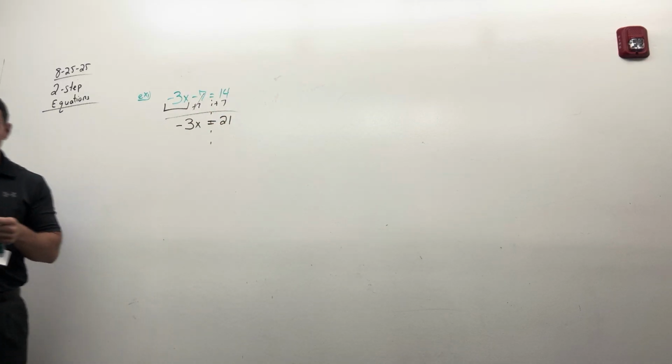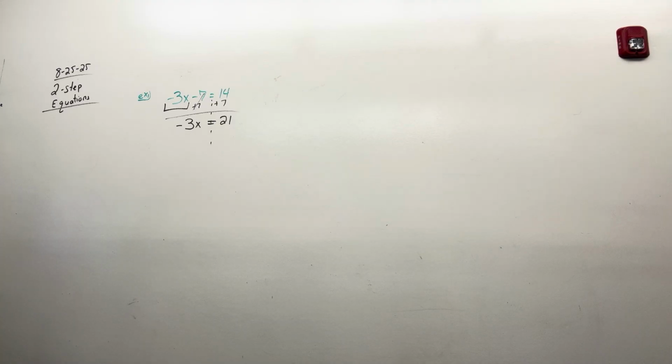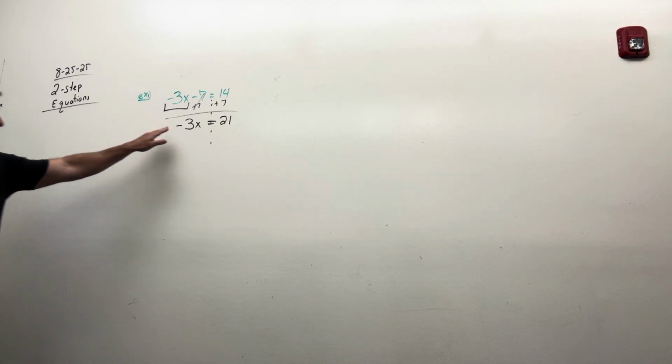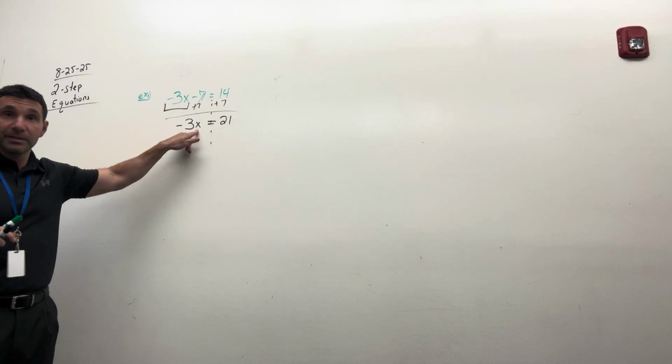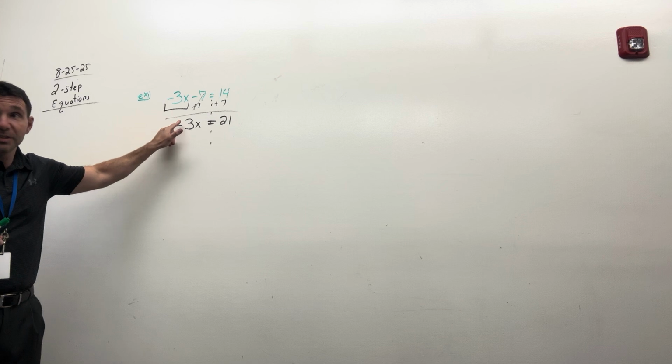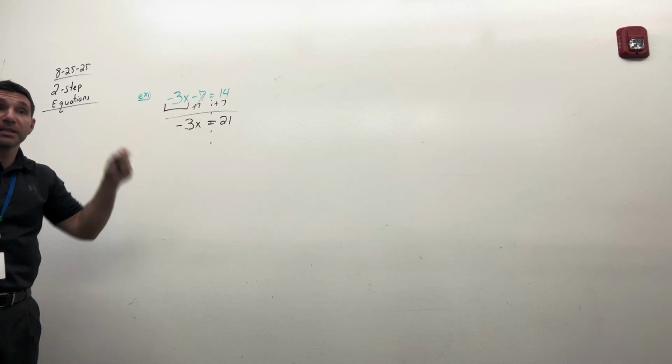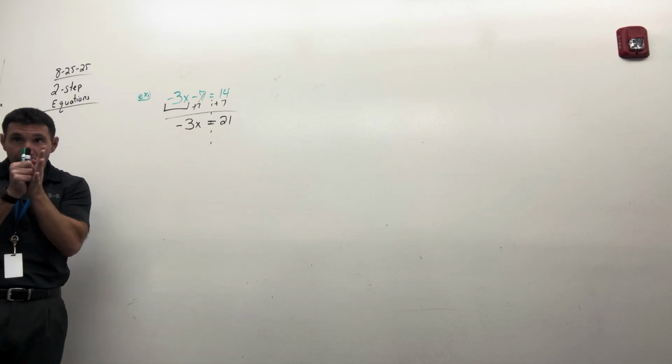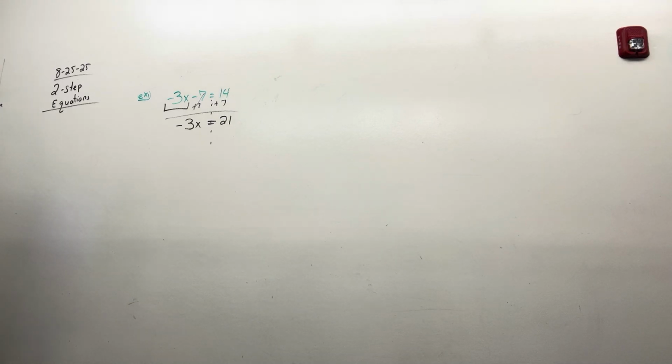Now, let me tell you, some of you have done this in the past. You have tried to add 3 to both sides. Listen, I don't care about the sign. I care about what's happening with these. It's -3x. 3 groups of x. That's multiplication. When there's a number smack dab up against the variable, it's multiplication.